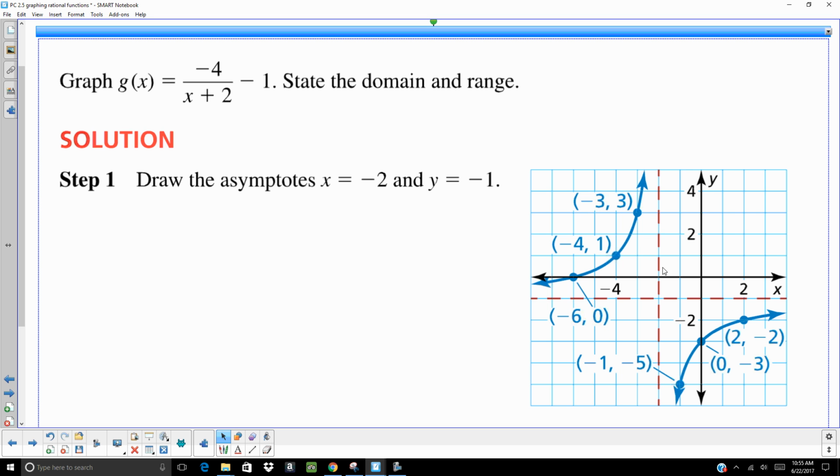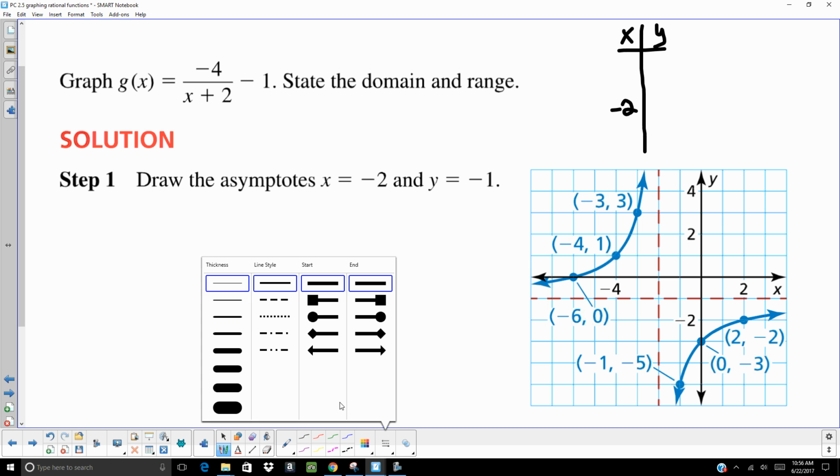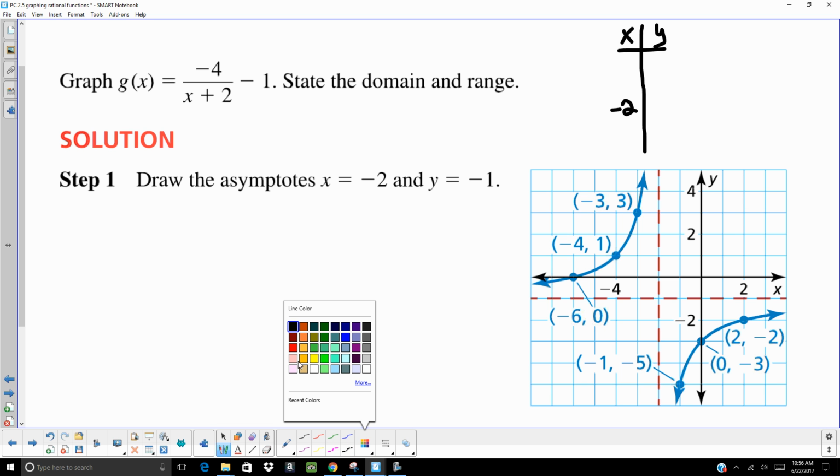And we want to choose a couple points to the left and to the right of our vertical asymptote. Those are points that you choose. So if you're kind of a visual person, what you might even want to do is make a quick little t-table, and you know your vertical asymptote is at x equals -2, and do this in a different color so you can kind of see.